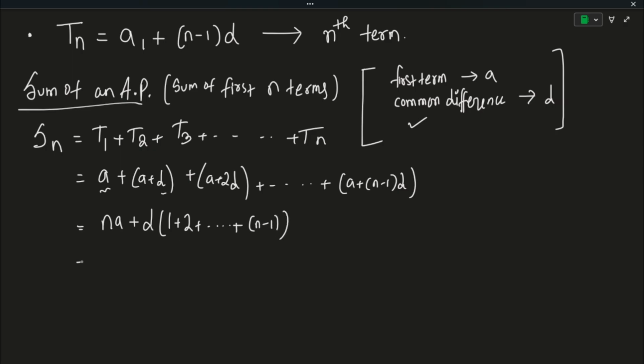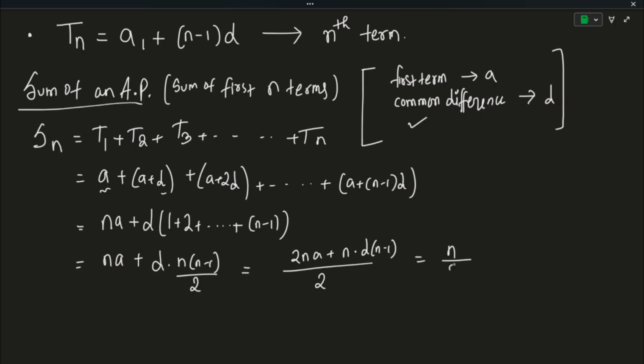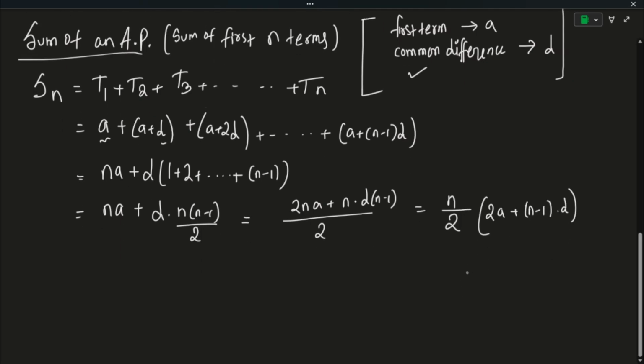Now this is a very well known sum, आपको पता होना चाहिए 1 से लेकर n माइनस 1 तक का सम, that is nothing but equal to D whole into n minus 1 by 2. ओके. अब आप इसमें 2 को नीचे रख लो और इसको लिख दो 2nA प्लस n whole into D whole into n minus 1. और फिर n बाई 2 को आप बाहर रख दो यहाँ पे और अंदर लिख लो 2A plus n minus 1 whole into D. This is the sum of n terms of an AP.